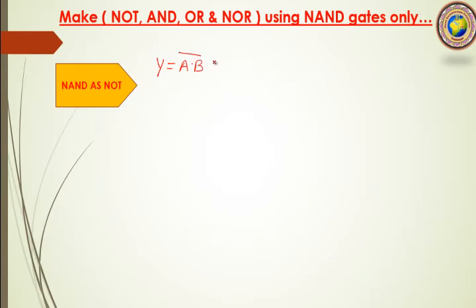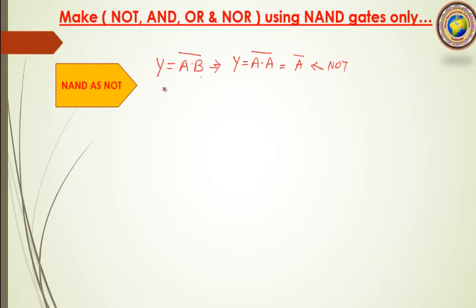Here A and B are two inputs, but the NOT gate is always for a single input, so we have to consider the single input A as two inputs. So Y is equal to (A dot A) bar. Here, instead of B we are using A. A dot A is equal to A, and the bar is common, meaning A bar. So this is the value of the NOT gate. This is the Boolean expression of the NOT gate.